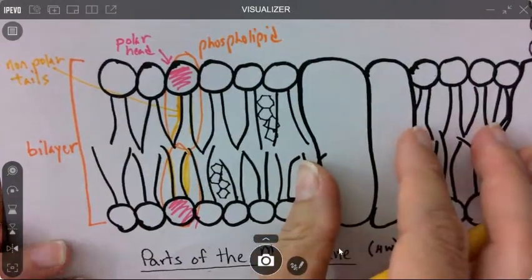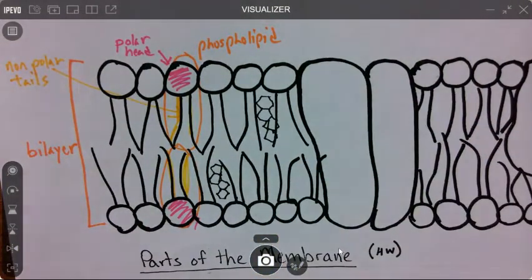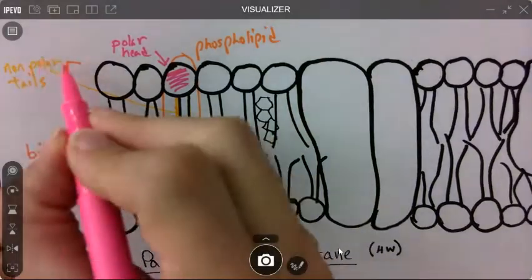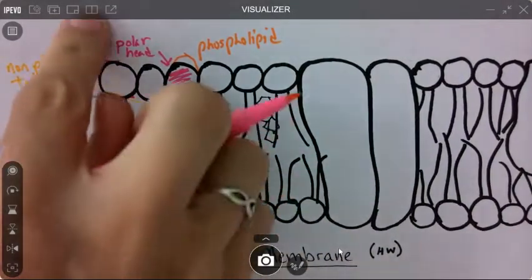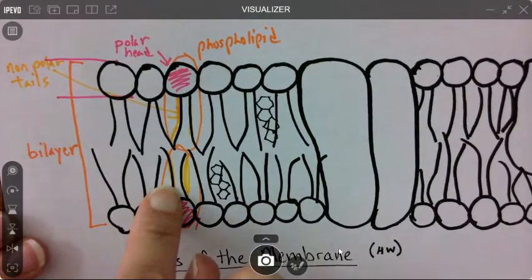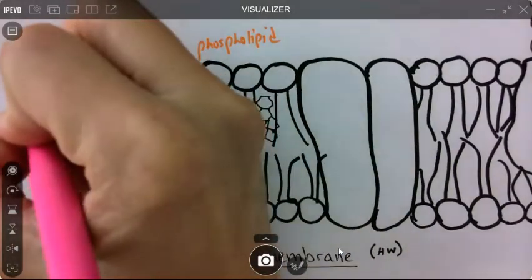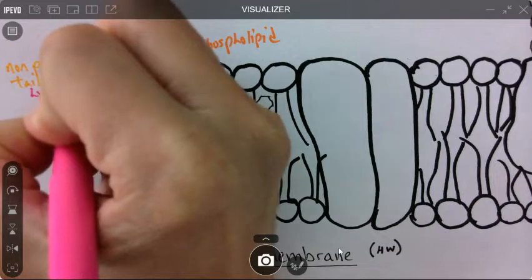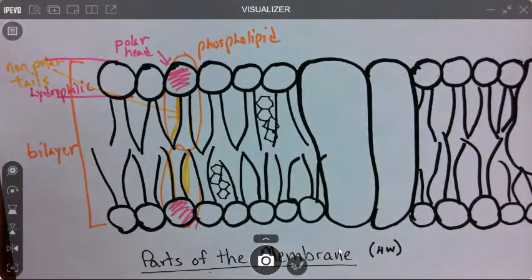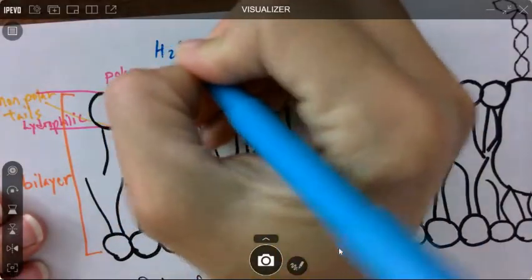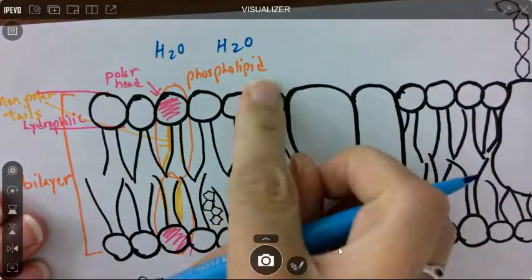What that does is that allows the phospholipids to face each other, and the outside layer of the phospholipid that's facing the external environment is hydrophilic, which means it doesn't mind being near all the water on the outside of the cell, right?